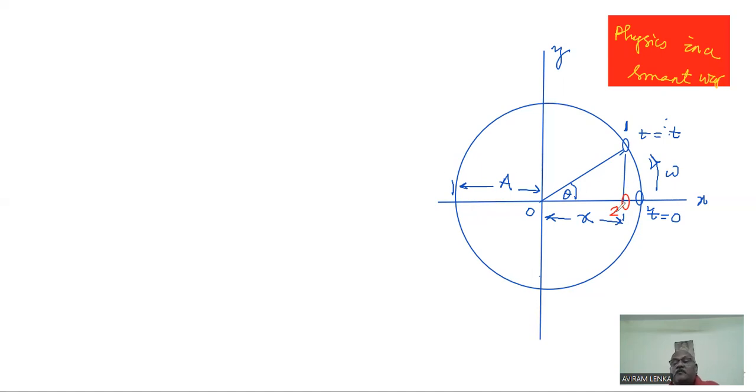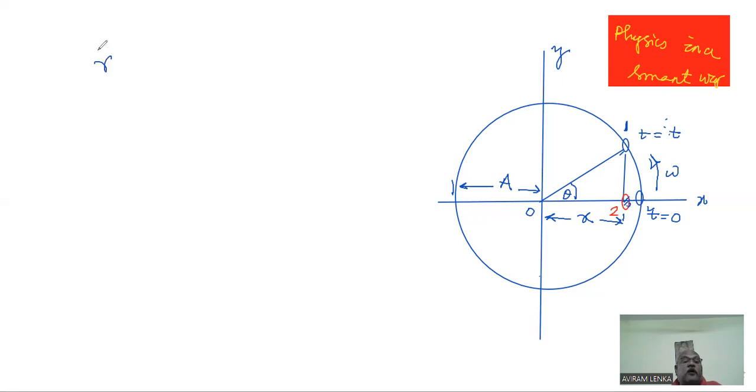okay, and its position at any time is shown by its x-coordinate, because this is the origin. The position vector is always measured from the origin also.